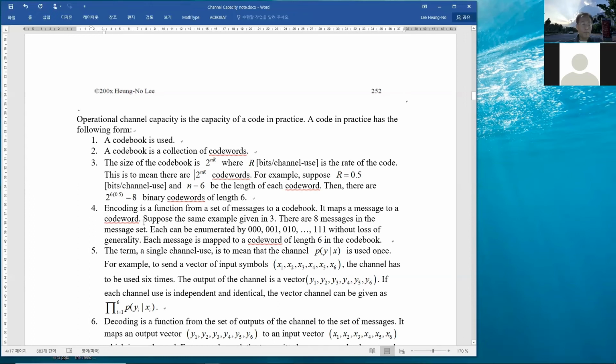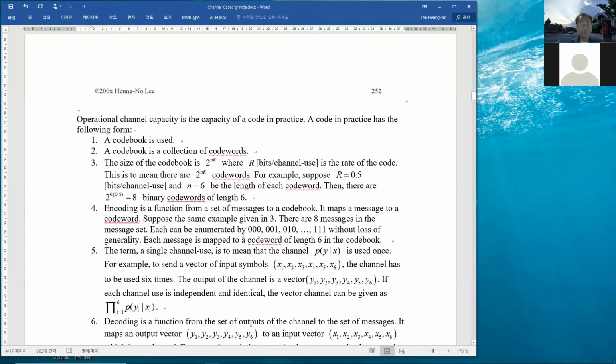Number 4, I talk about encoding. Encoding is a function from a set of messages to a set of code words, which is the code book. This function maps a message from the message set to a code word in the code book. Suppose the same example given in 3, N is equal to 6, rate is equal to 0.5.